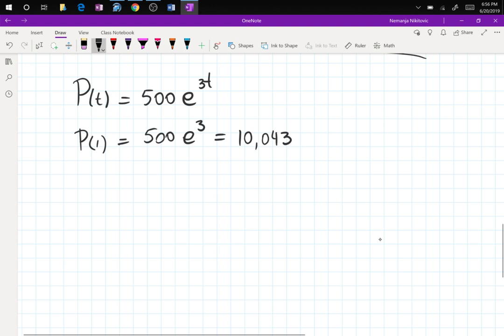If I want to know the amount of rabbits in 10 years, then it's going to be 500 e to the 30. Now that's going to be a large number, right? You want the decimal in this one or not? No decimals. These are rabbits. What is 5.7 of a rabbit?